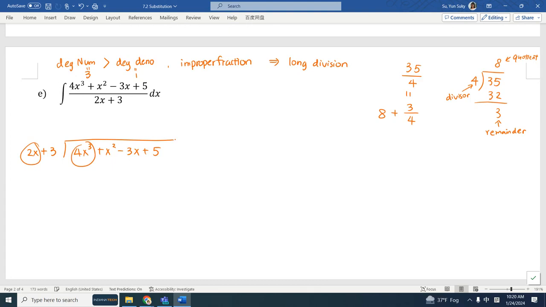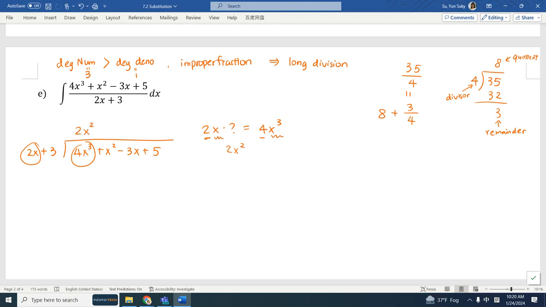We ask, 2x times what is 4x cubed? Let's look at numbers. 2 times what is 4? 2. And then x times what is x cubed? x squared. So 2x squared, put it here.